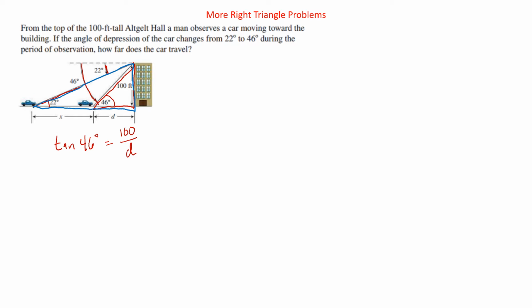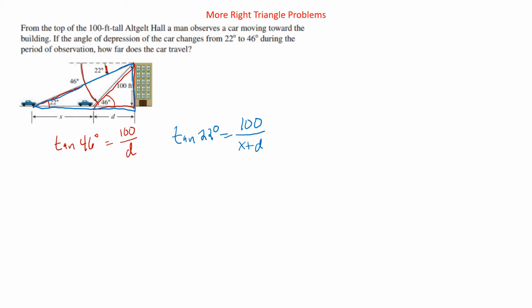So here we have the tangent of 22 degrees. It's going to be the opposite, which is 100, divided by x plus d. We need that whole side length. We can't just find the x by itself, but we can subtract.